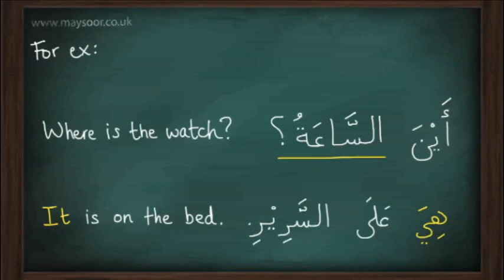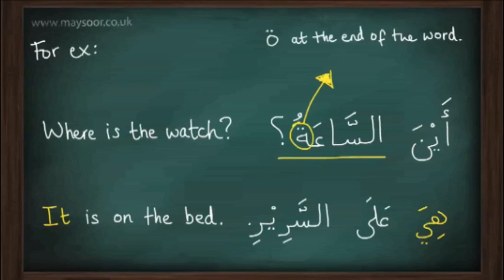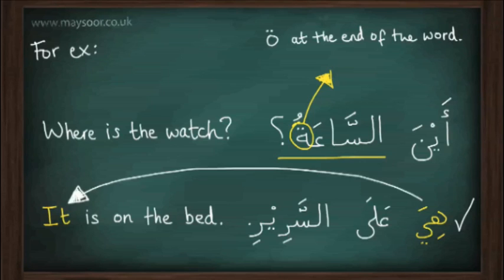As-sa'a in Arabic is a feminine noun. And one of the signs of a noun being feminine in Arabic is at-ta'ul marbuta at the end of the word. The domir, the pronoun, here in this example has replaced the word as-sa'a, and in this context means it.